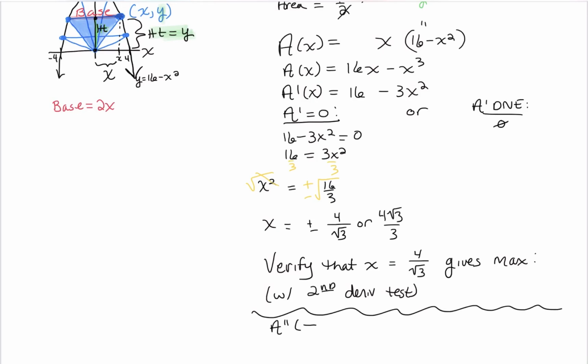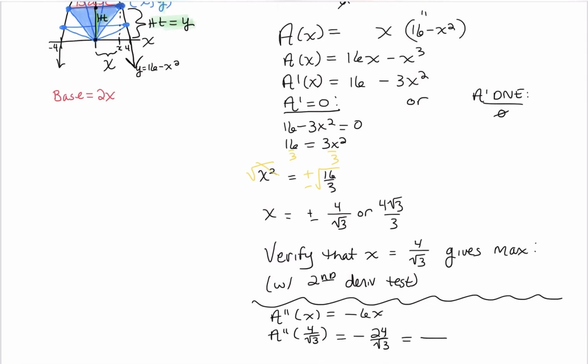So the second derivative is just minus 6x, and then the second derivative test just says sub that critical point into your second derivative, and you don't really care about the value, you just care about its sign.